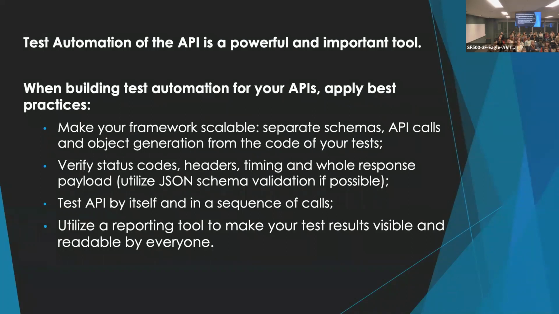Verify status codes, verify the whole payload that you are getting back, all the parameters, and test APIs by themselves and in the sequence of calls as well. And also don't forget to utilize the reporting tool to make your test results visible and readable for everyone.